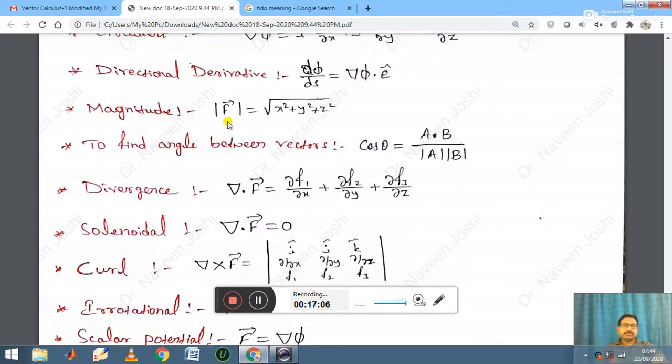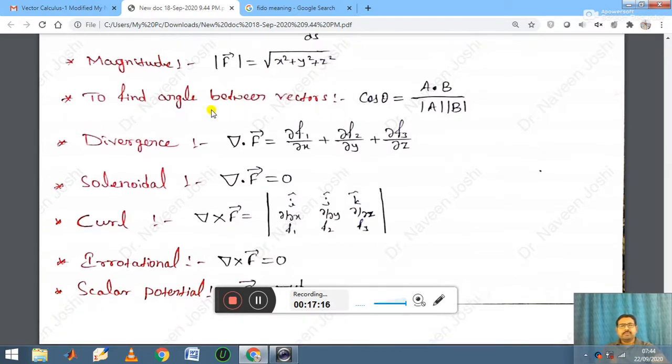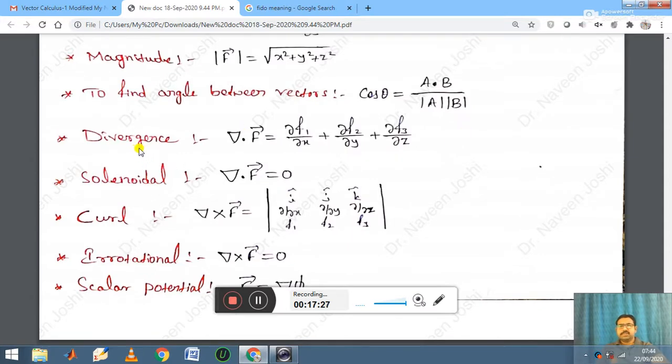Next, magnitude. The magnitude of any vector we calculate using the formula square root of x square plus y square plus z square. Next, to find the angle between two vectors we use the formula cos theta equals a dot b divided by modulus of a into modulus of b. Next, the divergence definition, del dot.